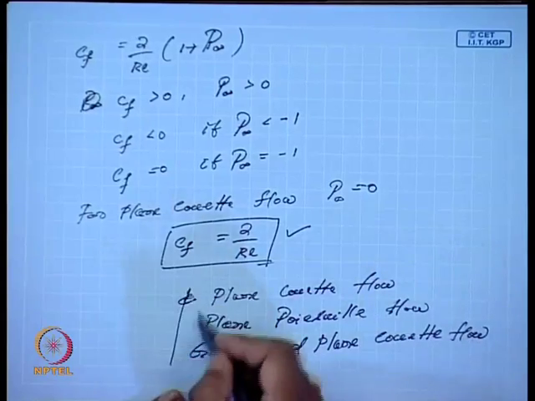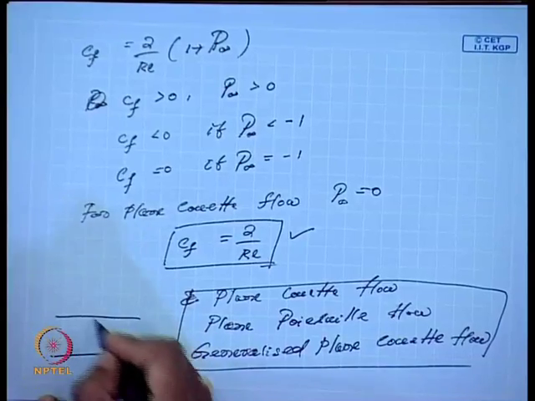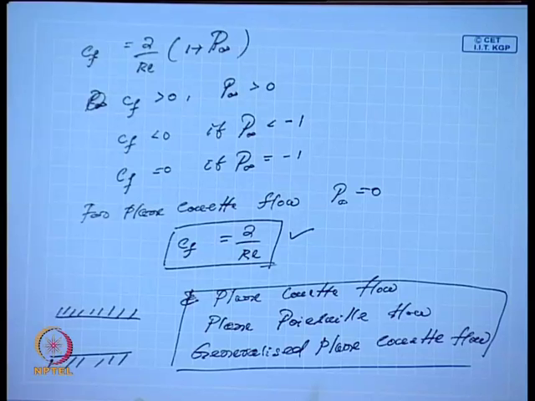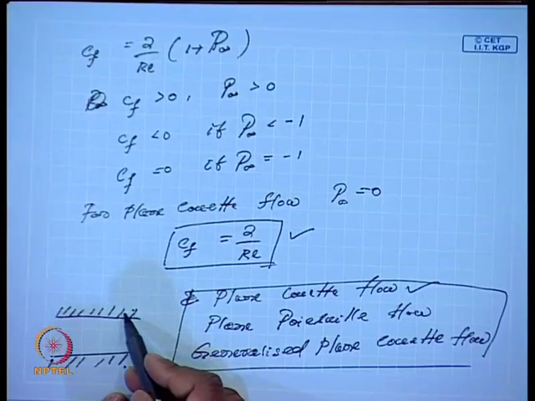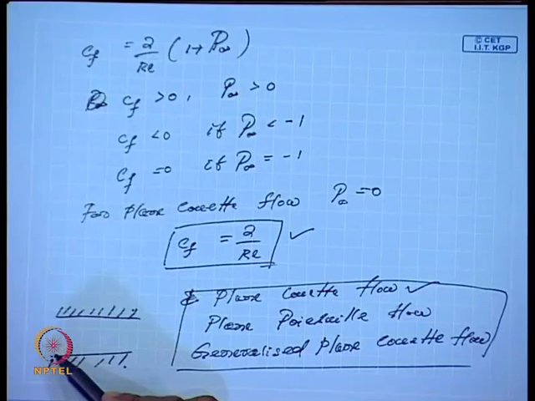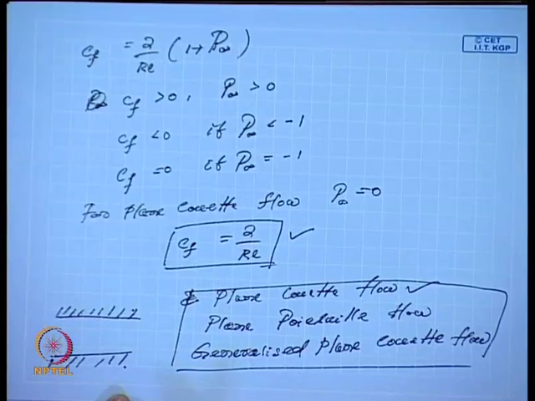In all the 3 flows, we basically consider the flow between 2 plates, in a channel. In the plane Couette flow, we consider the pressure gradient is 0 and one of the plates is fixed, the other plate is moving. That means the fluid flow increases from 0 till it reaches the highest speed at the other end of the channel where the plate is moving at a speed.